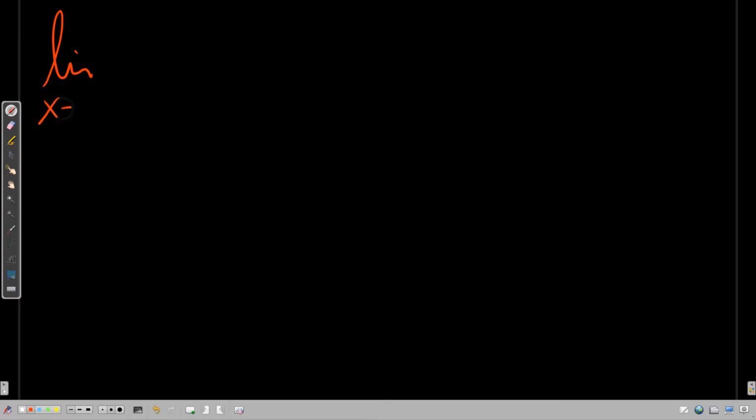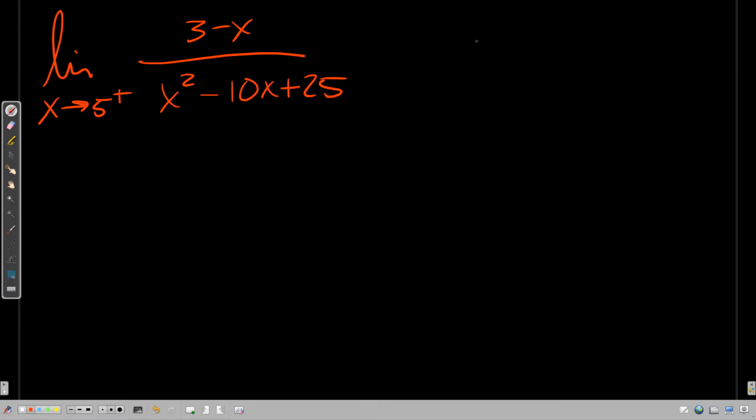It was the limit as x goes to 5 from the right of 3 minus x over this polynomial. Well, let's just always have the same strategy.